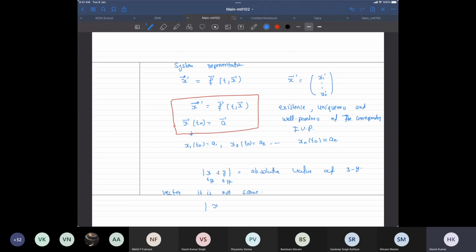If you take two vectors x and y, what should this norm be? Norm means the distance between these two vectors. When you have two numbers, you know the distance between them: you subtract one from another and take the absolute value. When you have two vectors, it's not very clear what the distance between them is. There is no unique way to represent this distance.